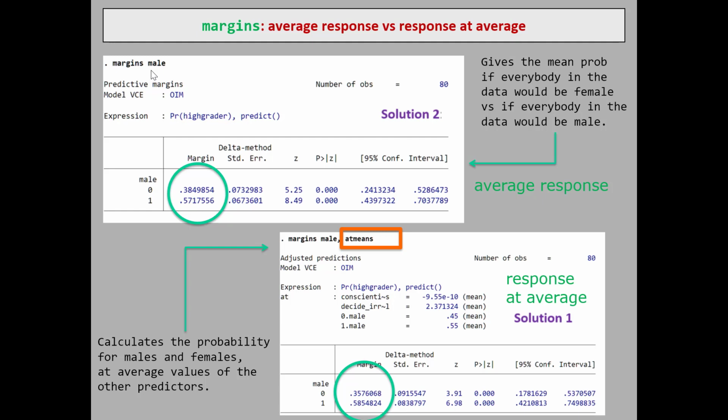What you see here is that if you type the at means option, so sticking the other variables at their mean, and in the output you even see what the mean is. For conscientiousness, you see that it is, well, effectively 0, and for decide irrational that it is 2.4.